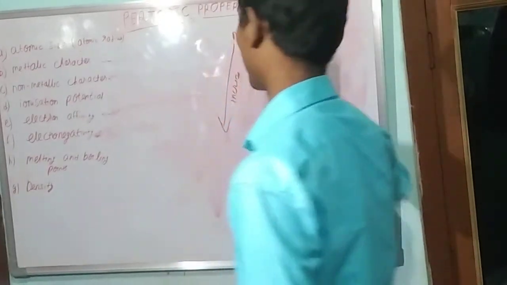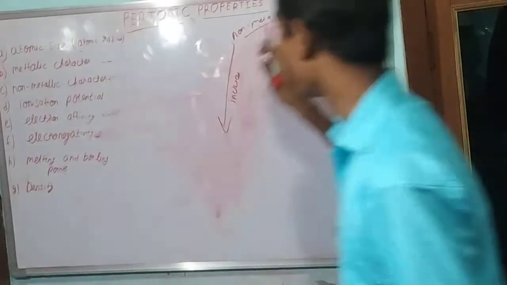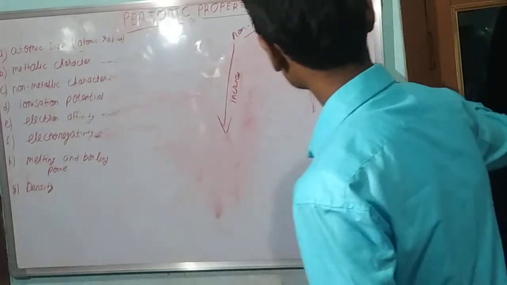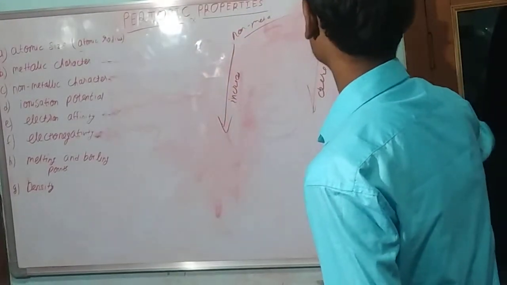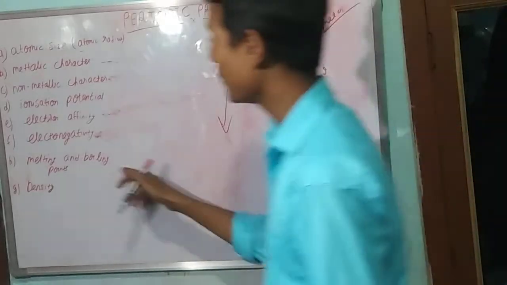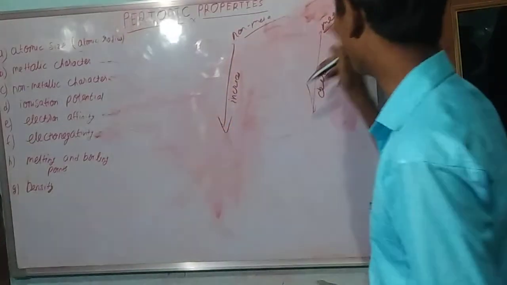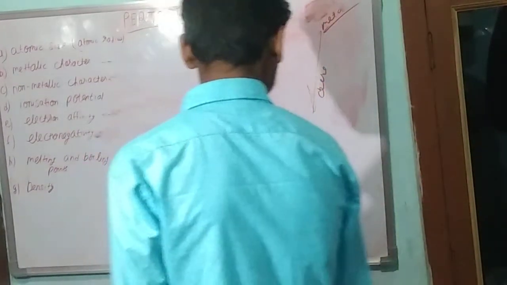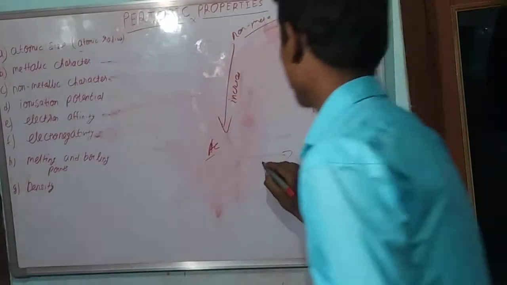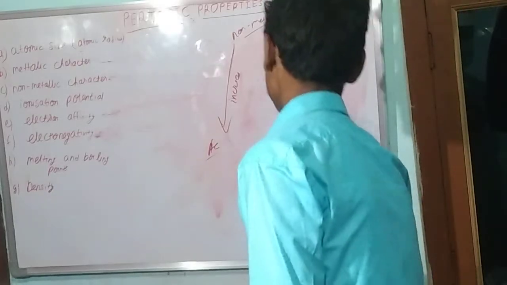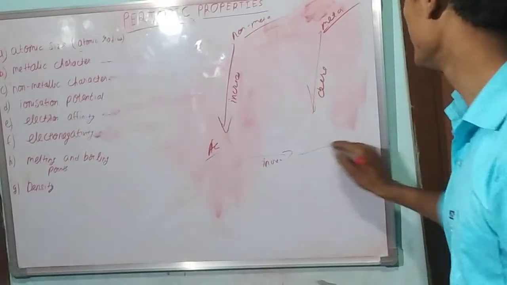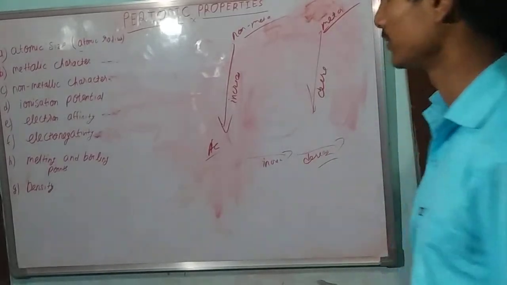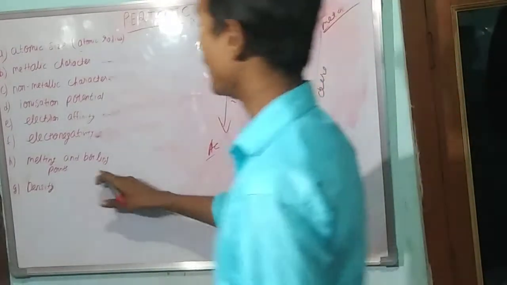I am talking about non-metals here. And across the period, it will first increase till group 14, and then it will decrease. That is all about melting and boiling point.